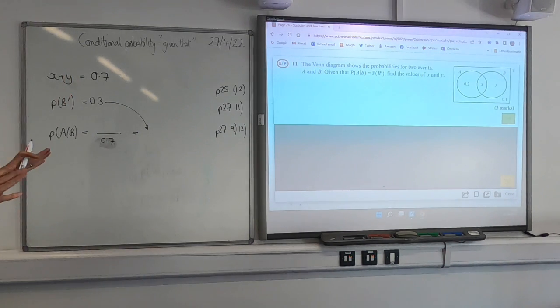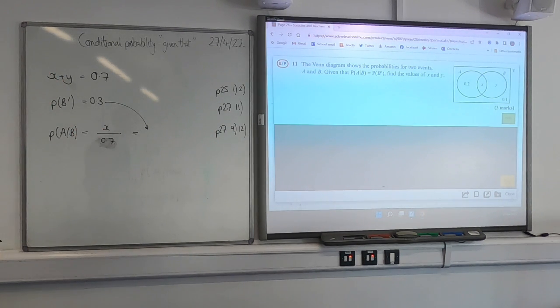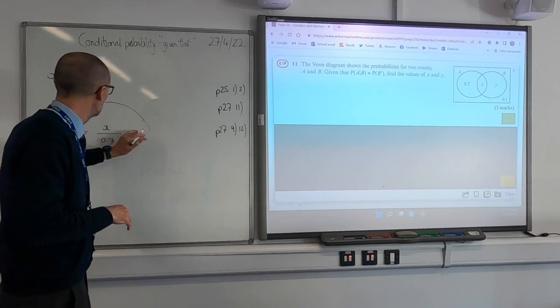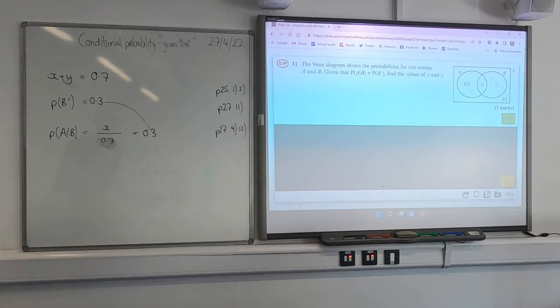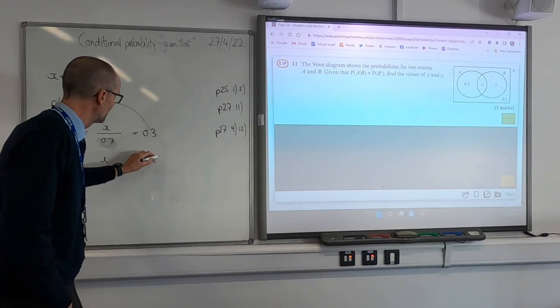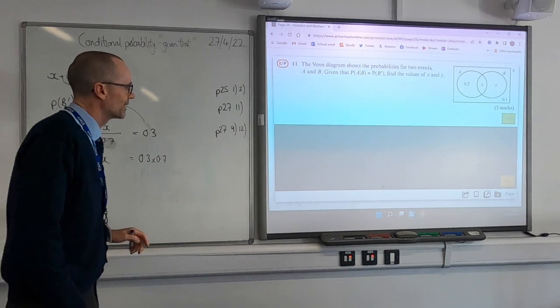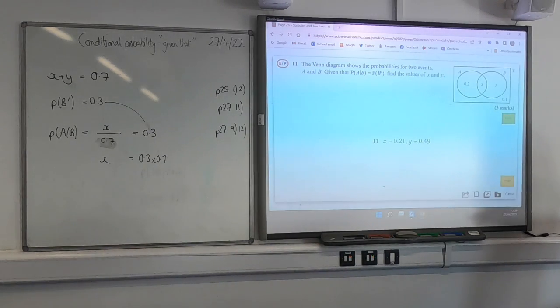Of that, which part of that probability of B is also A? And the question tells us that's the same as 0.3. It's the same as B not happening. So a little bit of algebra, multiply both sides by 0.7, and we get x is 0.21, and therefore, as they have to add up to 0.7, y is 0.49.